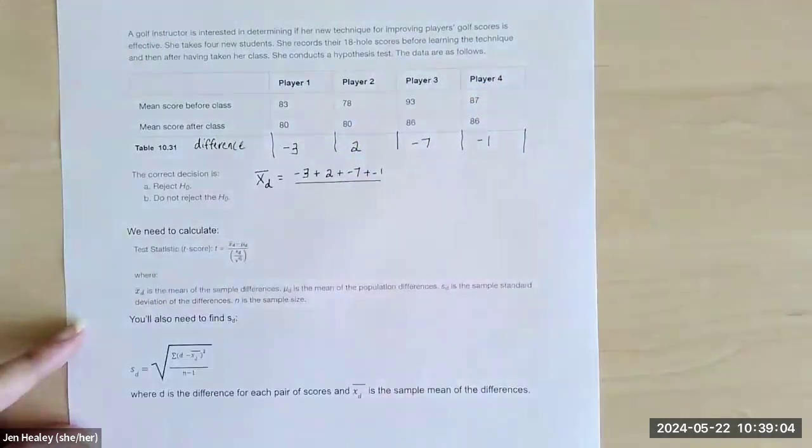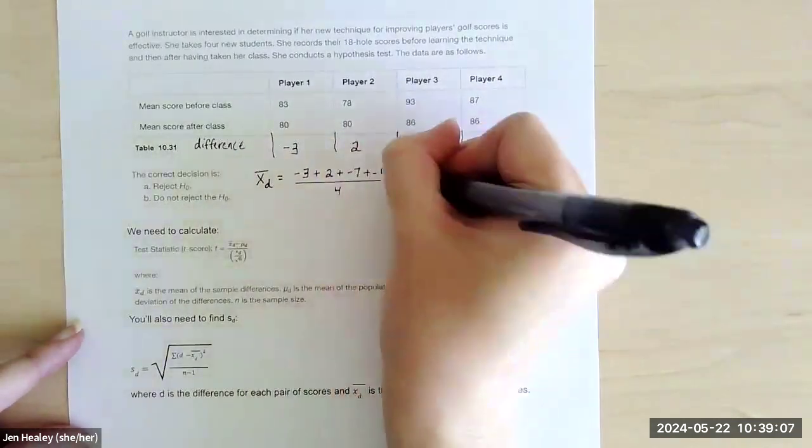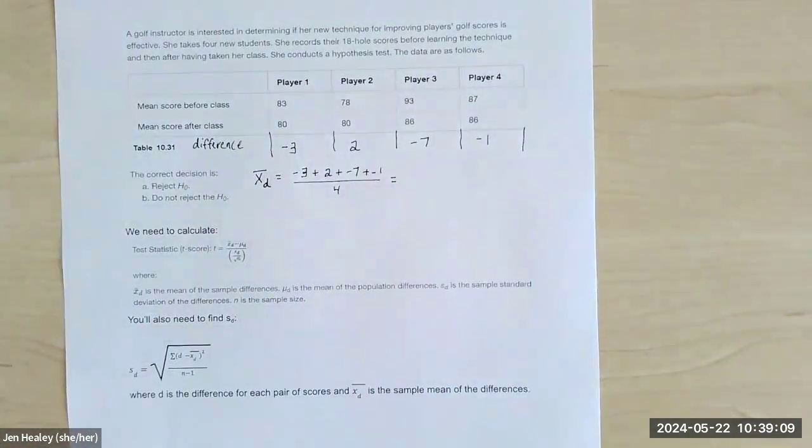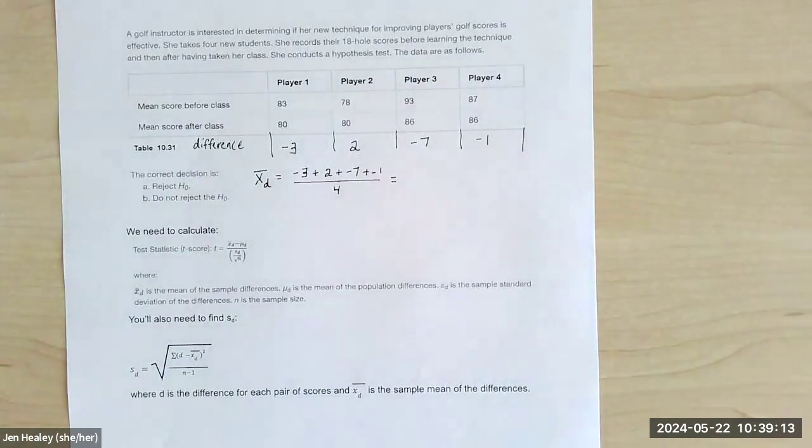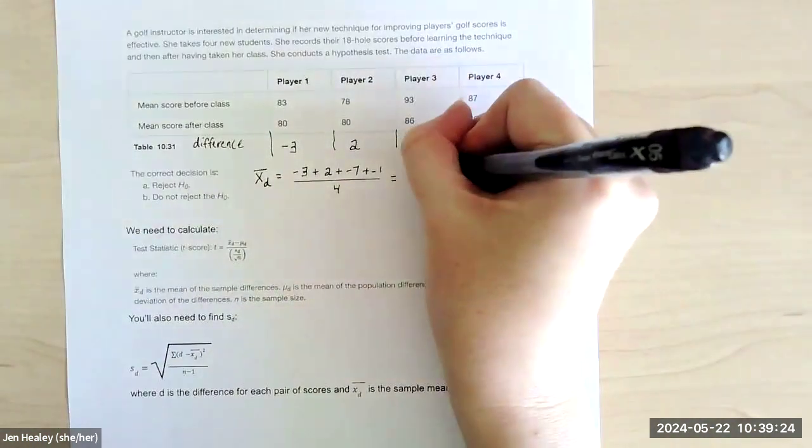And there were 4 numbers there, so we're going to divide by 4. That's us calculating the mean difference. So I got -2.25.